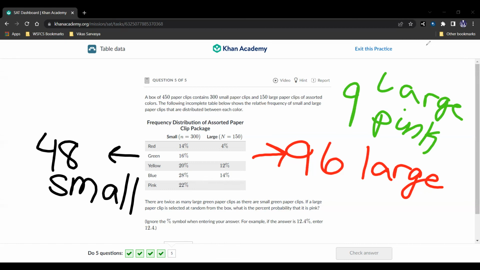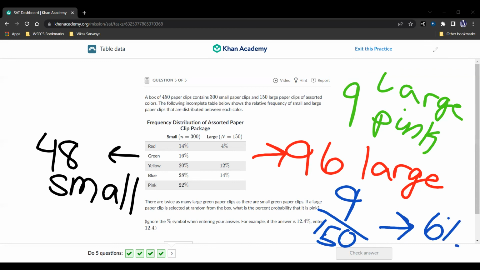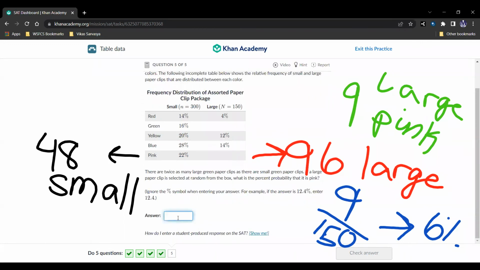So out of the 150, the percent probability that it is pink, so 9 over 150, as a percent, is just going to be 6%. And that is going to be our answer. 6% of the large paper clips are pink. So if we select a large paper clip at random, it's going to be 6% probability that it is pink.